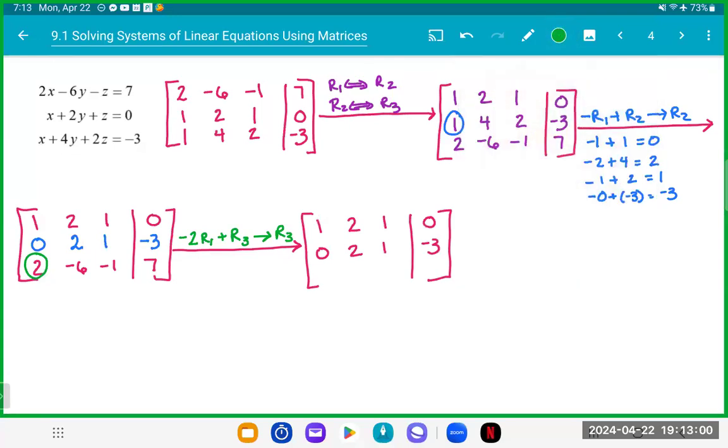So now we have -2 times 1 plus 2 equals 0. We have -2 times 2 plus -6. So that's -4 minus 6. That gives me a -10.